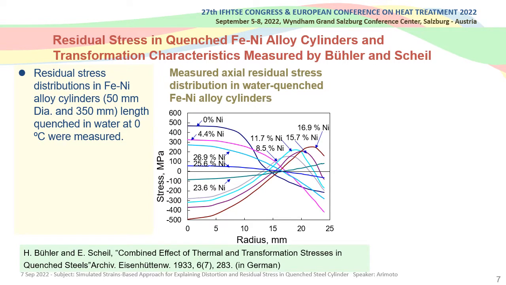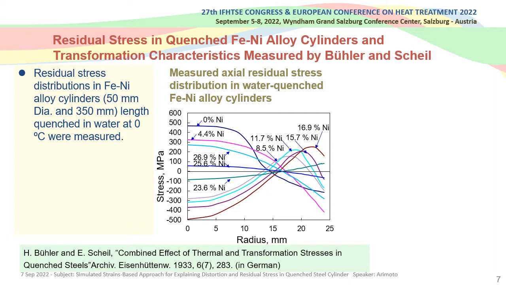An attempt to explain the generation of residual stress by the combined effects of thermal and transformation stresses was initiated by Bühler and Scheil. To illustrate these effects, iron-nickel alloy, which has a simpler phase transformation behavior than carbon steel, was chosen as the cylinder material.